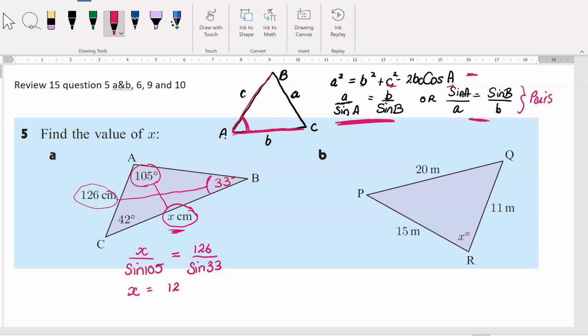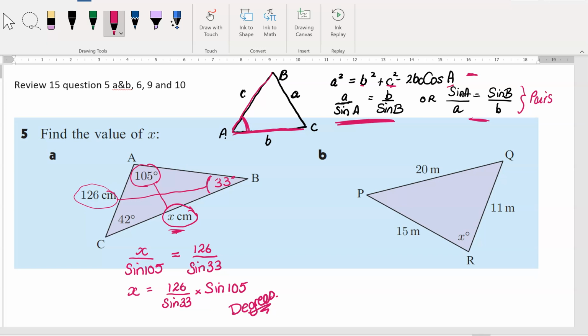So it's 126 divided by sine 33 times sine 105. Pop that into your calculator and it's easy as it goes. Just make sure that your calculator is in degrees. Okay, so go to your mode, select D, the DEG.